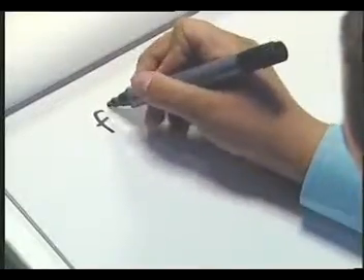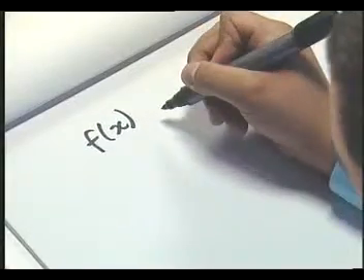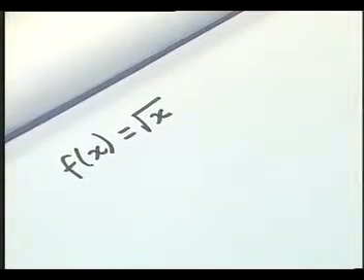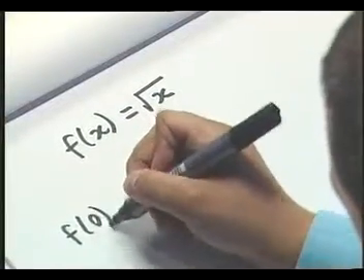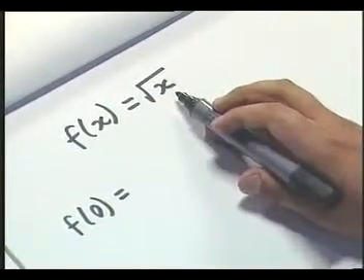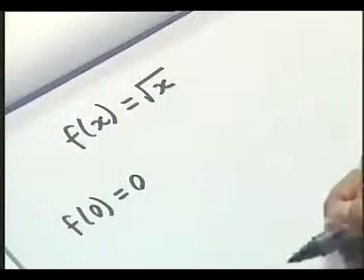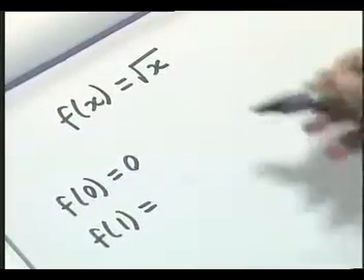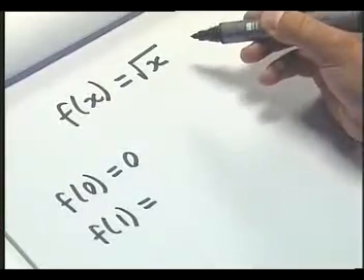Now, if we had the example f of x equals root x, a good place to start is always to substitute in some values for the argument. So f of 0 just gives us the square root of 0, which is 0. F of 1, so an argument of 1, will give us plus or minus 1 for the square root there.